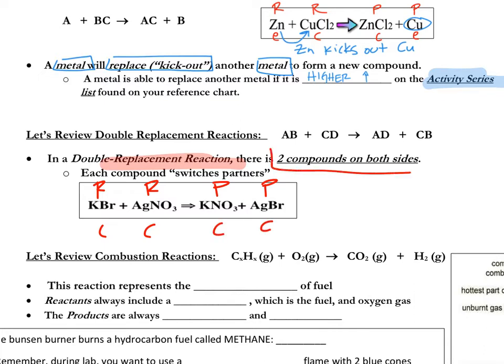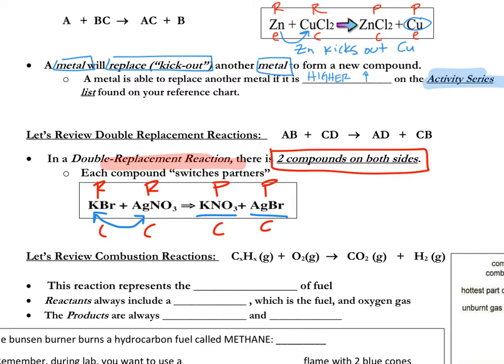So I've got two compounds on both sides of my equation, telling me this is a double replacement reaction. What's going to happen is that silver is going to kick out potassium, and potassium will replace silver, forming potassium nitrate and silver bromide.